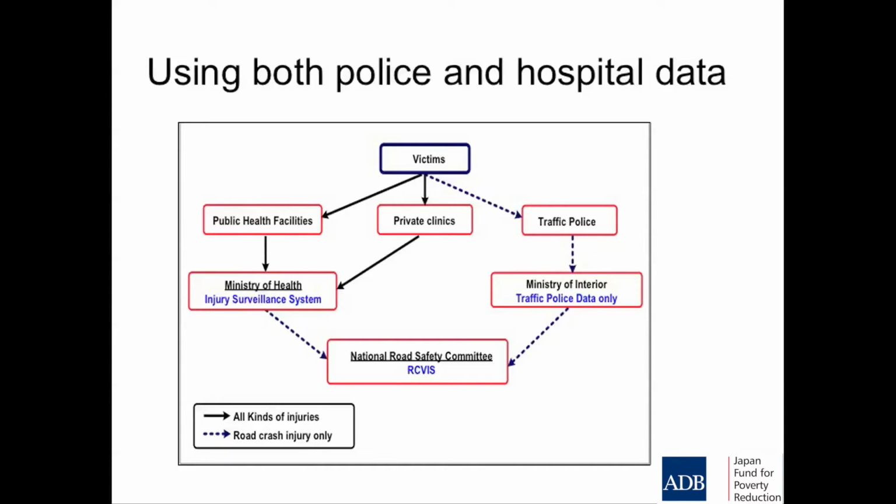And in this case, the Ministry of Health has a system, the injury surveillance system, that they can collect information from as well. And this information is joined by the National Road Safety Committee. This is not an easy task because sometimes it may be the same crash, sometimes it may be different crashes, and they need to do this work to make sure it's not double counting the same crash.